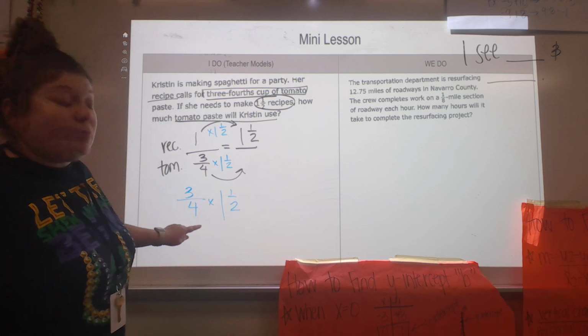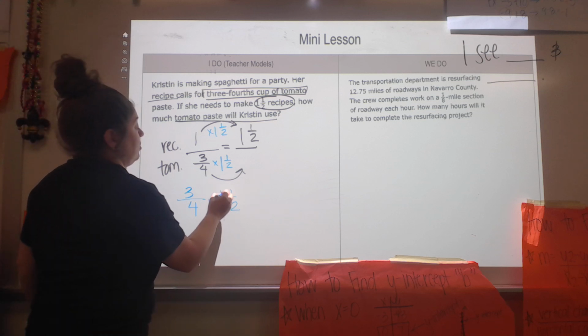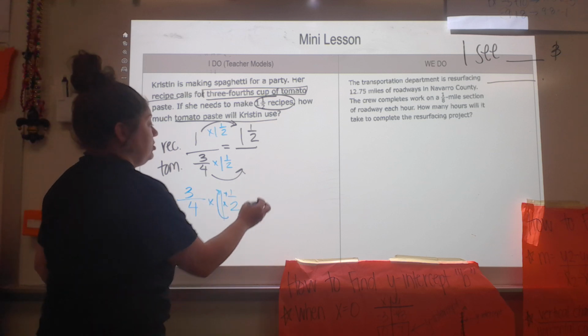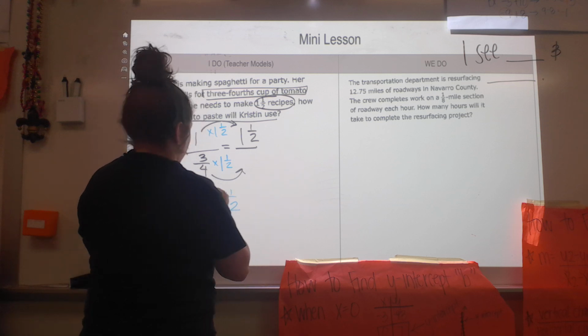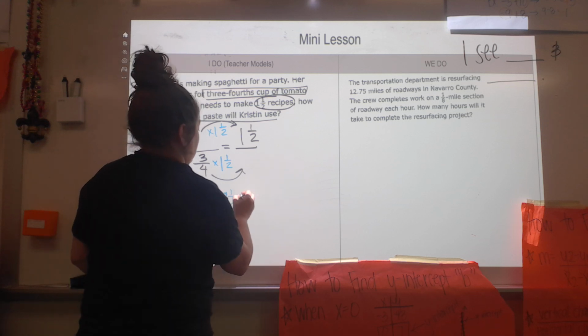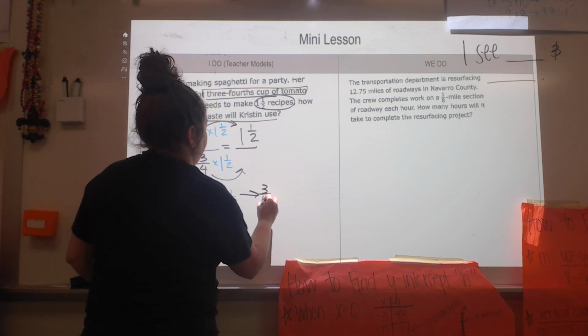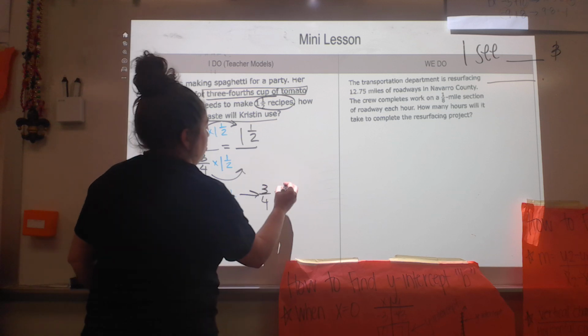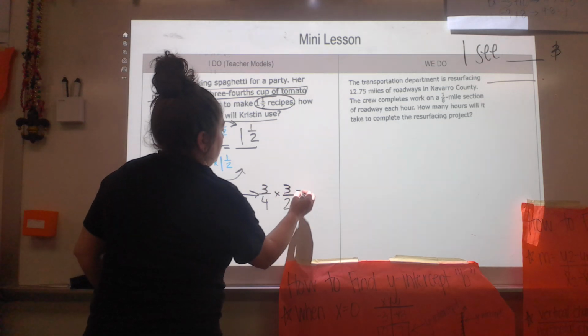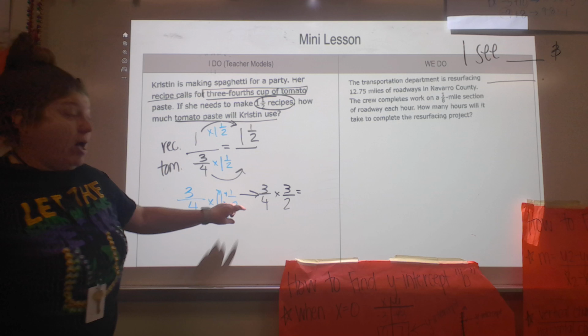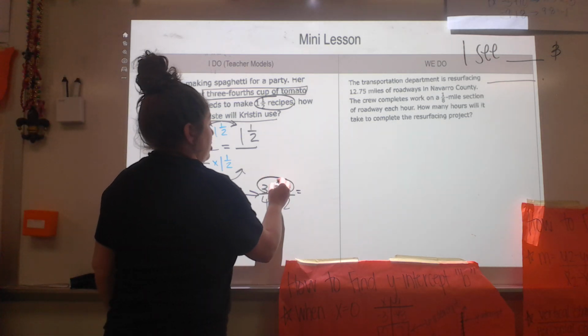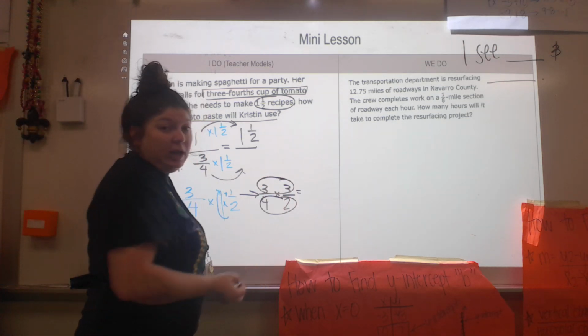I want to make these both fractions, so I'm going to make my mixed number into an improper fraction. So this turns to 3/4 times 3/2. Okay, we're going to multiply our numerators and multiply our denominators together.